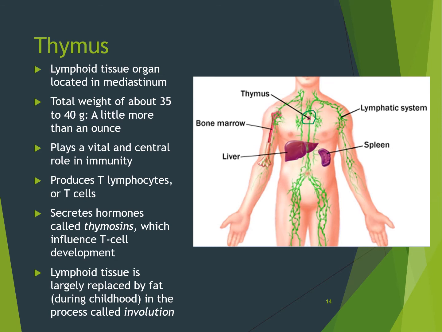Later on, we'll talk about birth, growth and development, and aging, and it makes sense that the immune system declines over time, and one of those reasons has to do with this atrophy of the thymus.